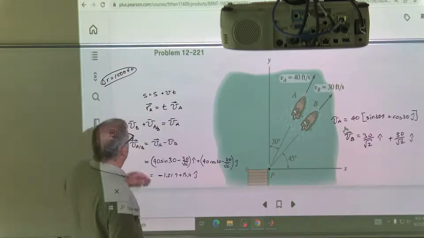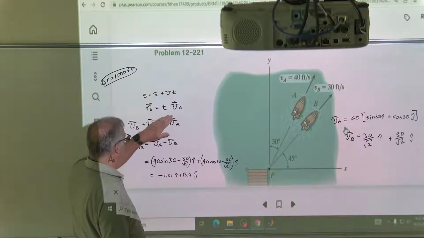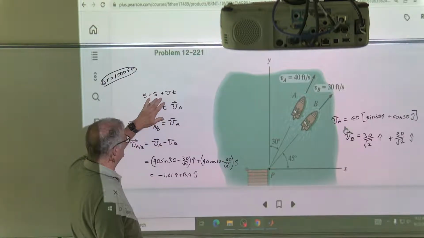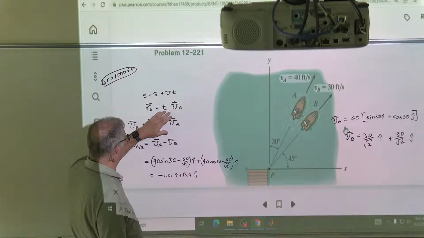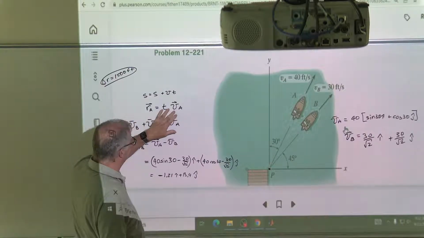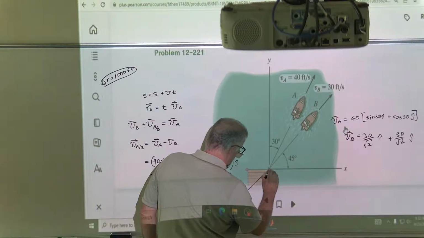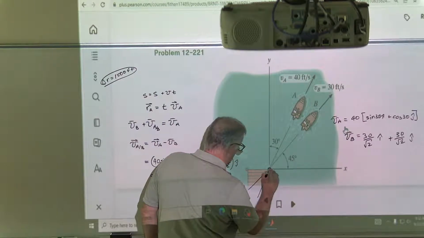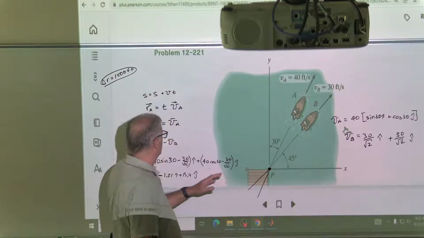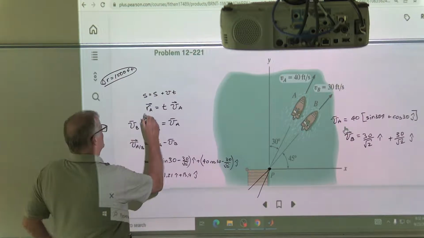I know the part that's bothersome is that at time equals 0, that's true, but it's instantaneous, unless the boats were about to crash into each other and they came across the same location. Anyway, let's just assume this for a minute.